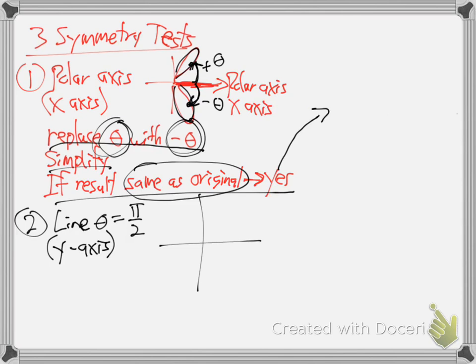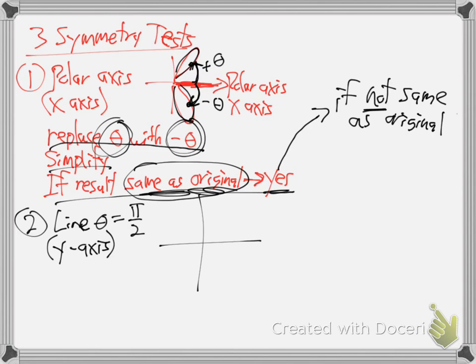If you plug in negative theta for theta, and it comes out the same as the original, then that's a yes. If it's not the same as the original, I would have thought that means it doesn't have that symmetry.